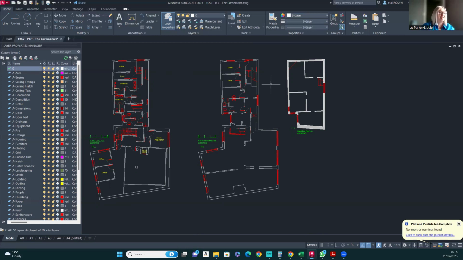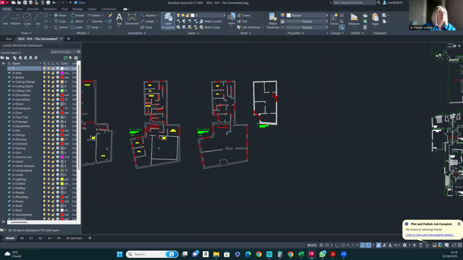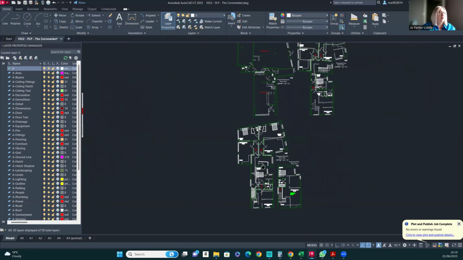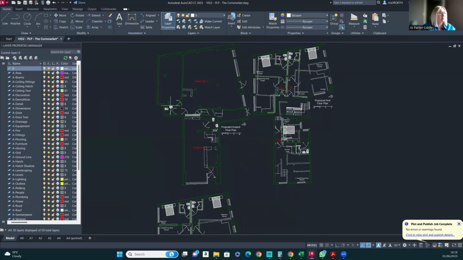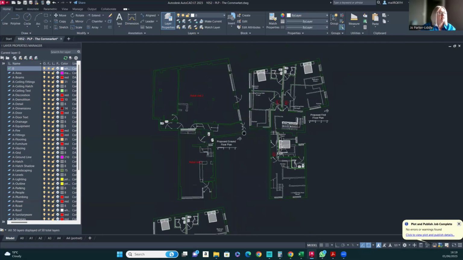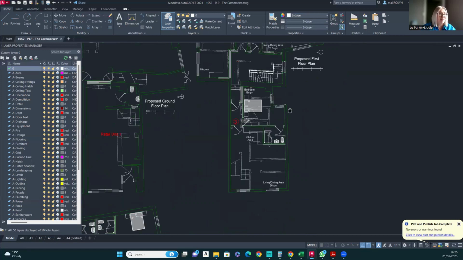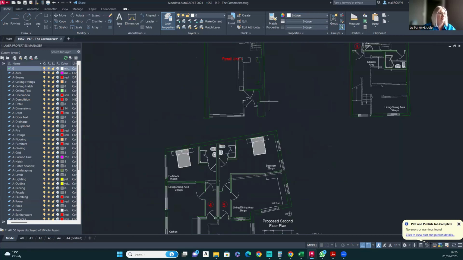Now, the other thing that I will show you on this is, this particular project already had planning on it, and it was for apartments upstairs. So ground floor would stay as retail, and they'd actually put apartments in and worked it out. The guys that did this, they actually made these 1-bedroom apartments massive. So it's not a great use of the space at all.